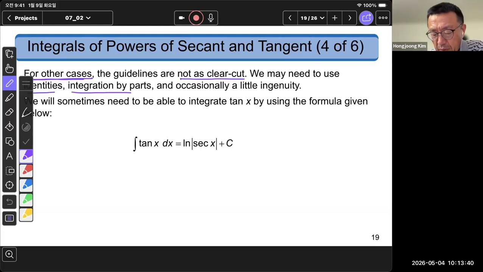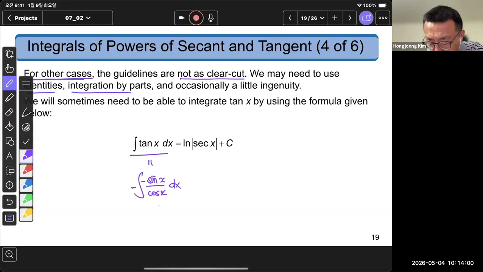Sometimes I need to integrate tangent x, but that is simple because tangent is sine x over cosine x, and the derivative of cosine is negative sine.